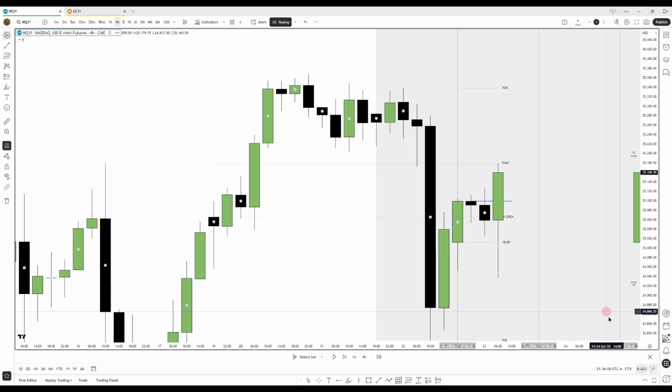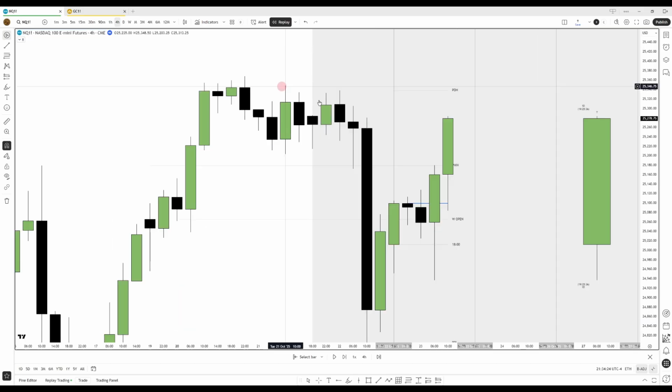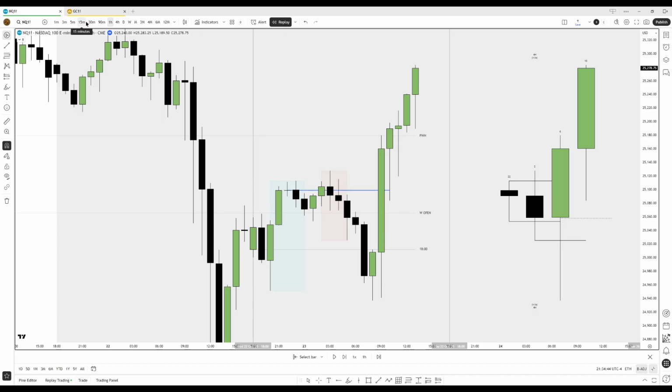So let's check. Okay, so if I go down, boom, swing here, this tapped into it, and it didn't even have enough time to make a swing. It just tapped into it, it kept going because it was too much distribution. If we come down on the 15, boom, what do we have?